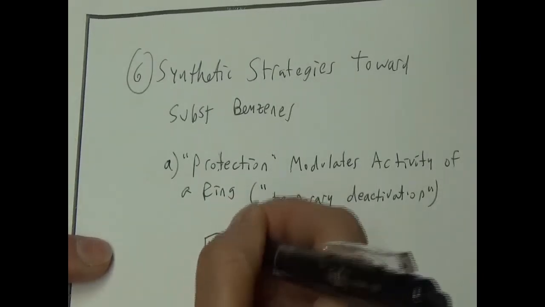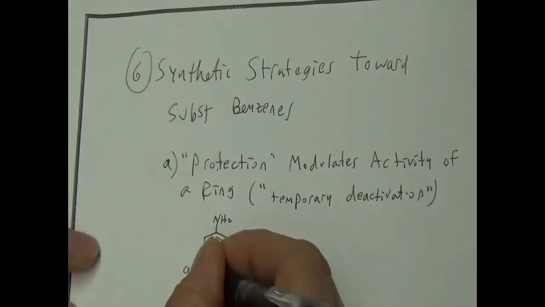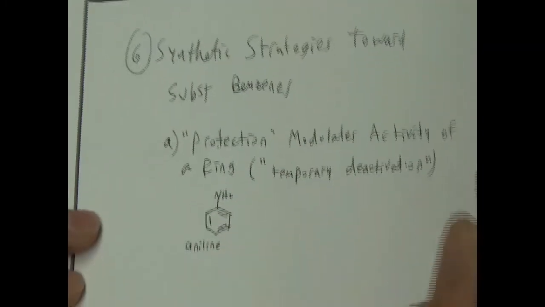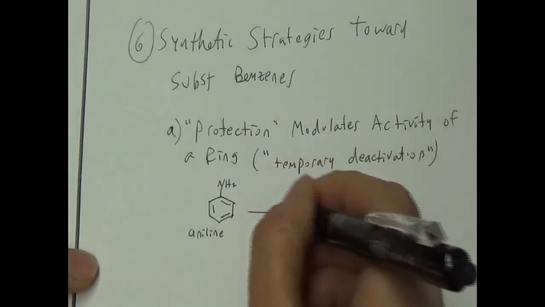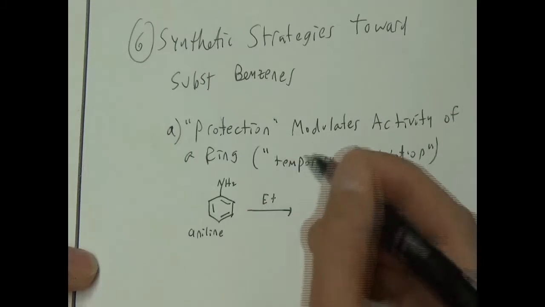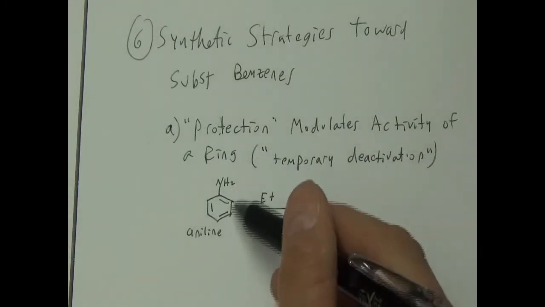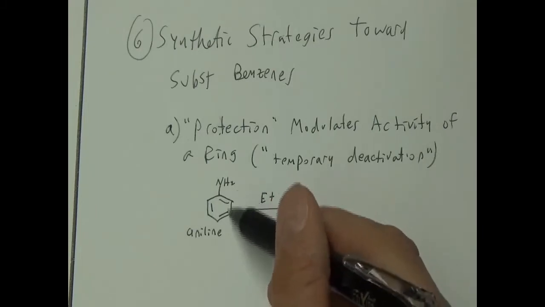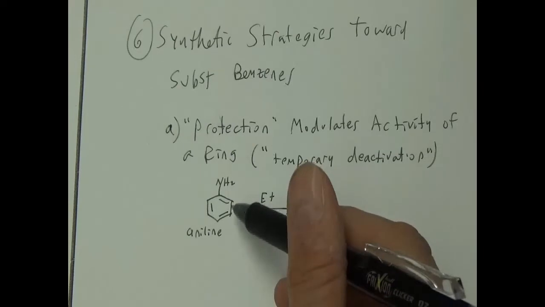Okay, so what if we have aminobenzene, also called aniline, A-N-I-L-I-N-E, aniline, and we throw in an electrophile. Okay, and we know that this is an activated ring, right? Is it a highly active ring or a lightly active ring?